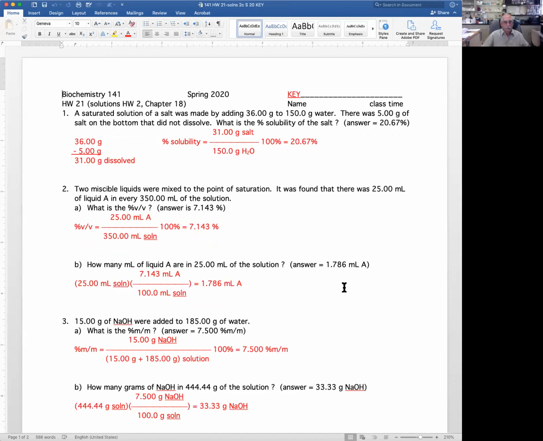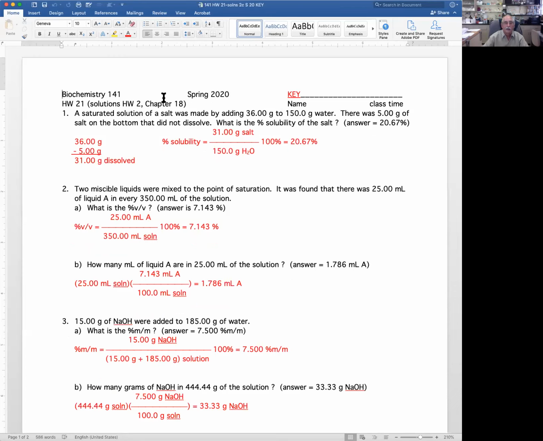So remember in Unit 4, the last chapter in Unit 4 was basically moles per liter. Then in the next unit, Unit 5, the next chapter was on all different other kinds of concentrations. So here, a saturated solution of salt was made by adding 36 grams to 150 grams of water.